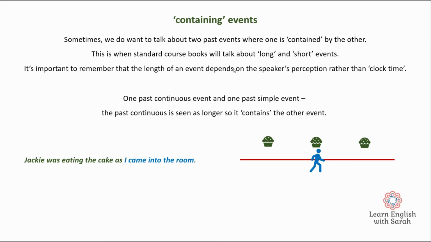And this is when the standard course books talk about long and short events. But it's important to remember that the length of an event depends on the speaker's perception rather than clock time. Okay, so this is the same sentence again. Jackie was eating the cake as I came into the room.